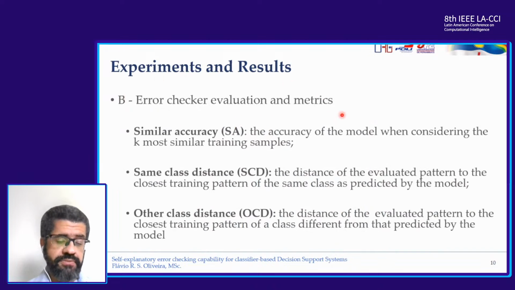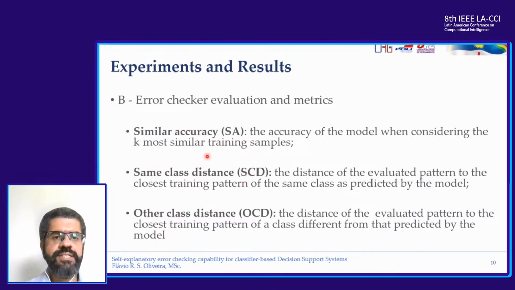For the error checker classifier, and by this I mean by forming our error checker data set, we used these three explanatory metrics here. The first of them, similar accuracy, which accounts for how good a classifier is with training or test data, which is similar to the pattern I'm evaluating in the moment.